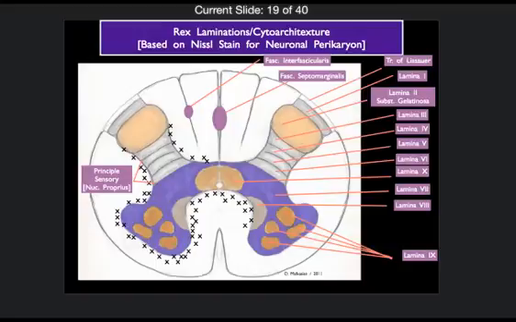And then 7 is a little bit more complex, but the best way to remember 7 is the intermediolateral portion in the thoracic area is where you find your autonomic, your sympathetic preganglionic fibers. And the dorsal aspect is Clarke's nucleus for the spinocerebellars.